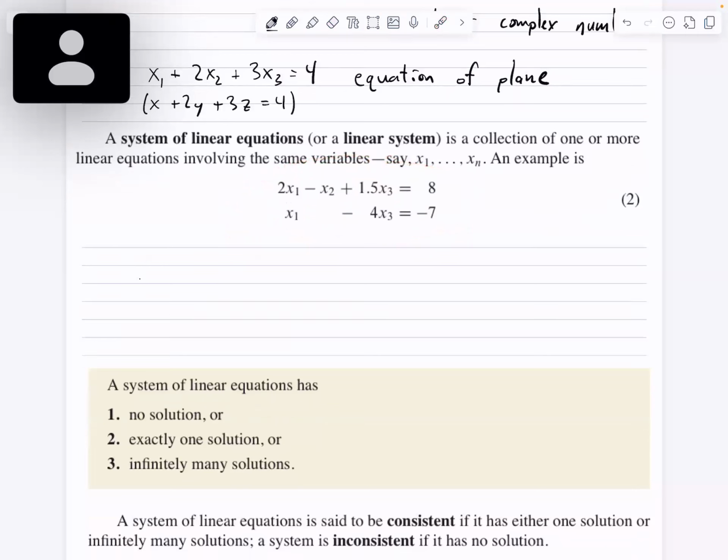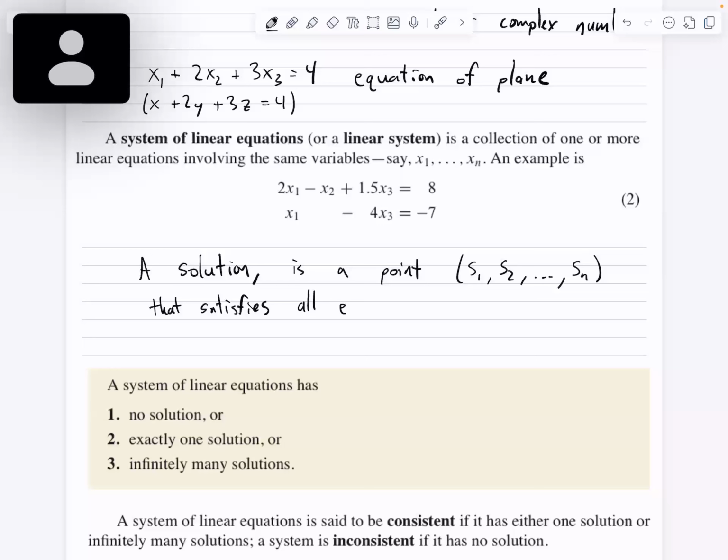A solution is a point s1, s2, through sn, where the s are just real numbers or complex numbers, that satisfies all equations in the system.